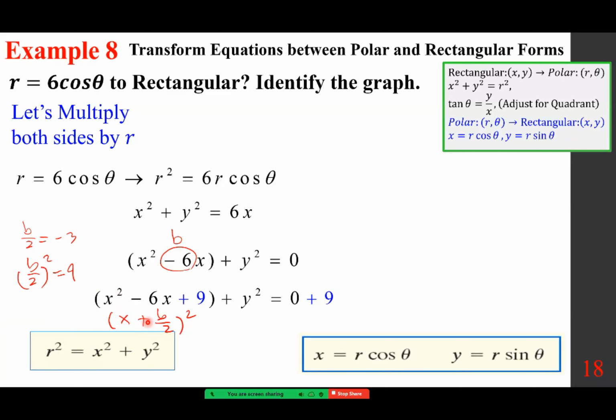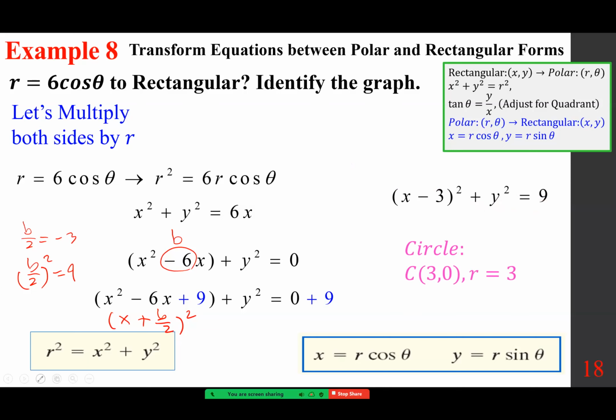So x minus 3 quantity squared plus y squared equals 9. And now this is a circle centered at 3, 0, and the radius is square root of 9 or 3. This is r squared, remember that. This is r squared, everybody.